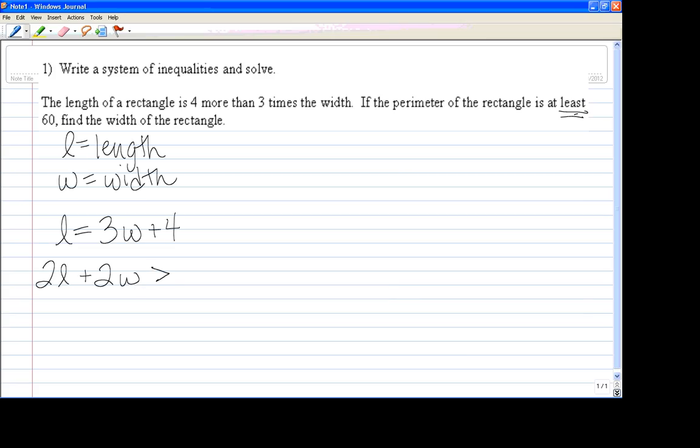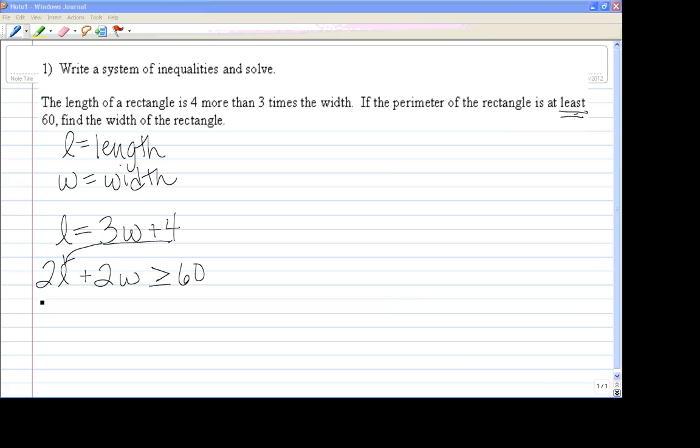It can be equal to, but it can be greater than or equal to 60. Okay, and just like how we talked about in class, we can use substitution. So for the length, we know that it is equal to 3w plus 4, so we can plug 3w plus 4 in for L.